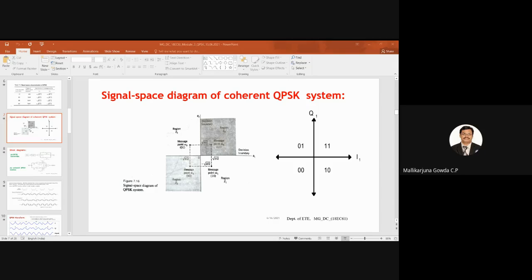For 0, 0 also, it is 5 pi by 4, which is 225 degree, right? You have to be very careful with 1, 0 and 0, 1. So 1, 0 means the phase shift is 135 degree, which is 3 pi by 4, and 0, 1 means the phase shift is 7 pi by 4, which is 315 degree. Hope clear?